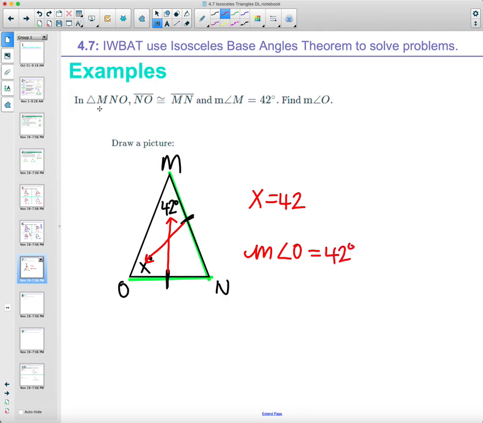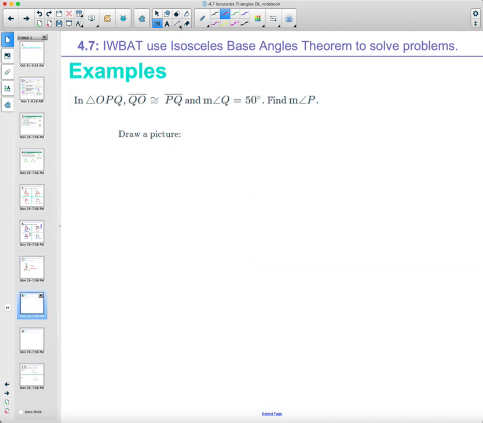So make sure you label the picture based on what it says here. So drawing the vertices on and then marking up what it tells you. So here's another one. So triangle OPQ this time. So OPQ, get those labeled on.